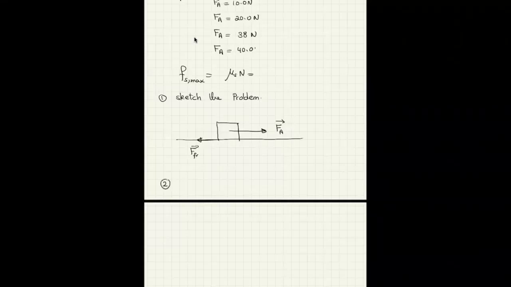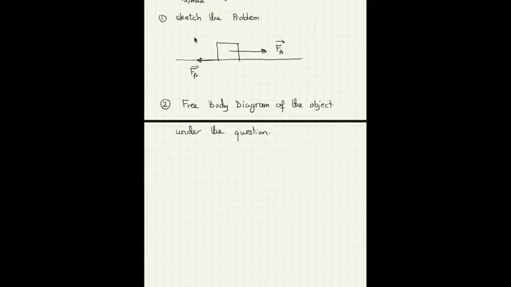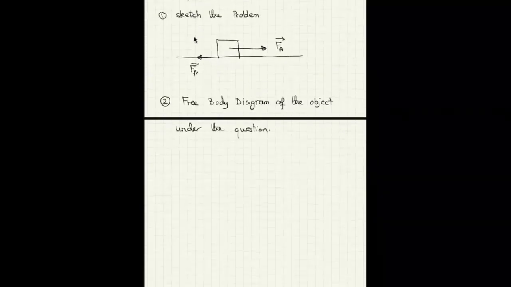The second one is the free body diagram of the object under question. The question is asking about an object, and that object is my box here.